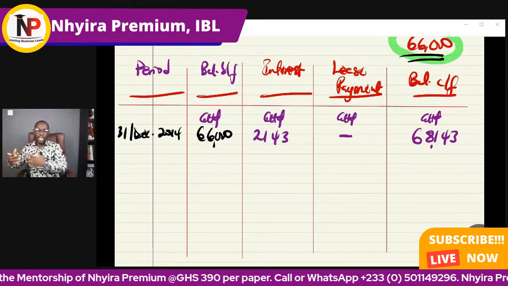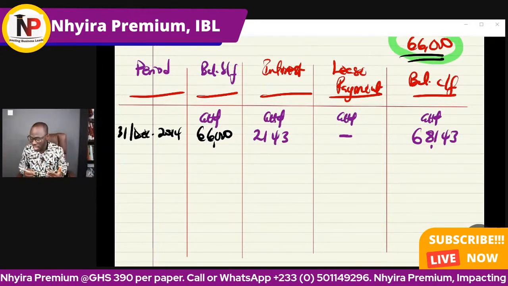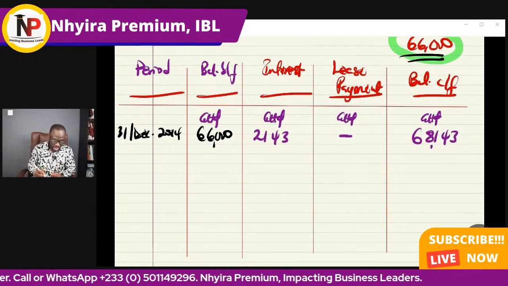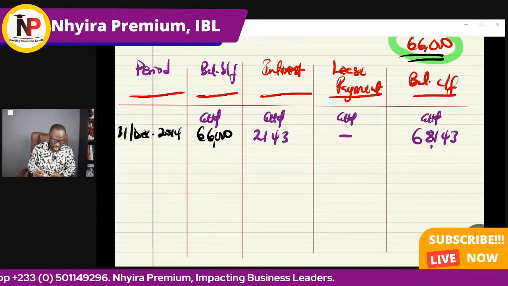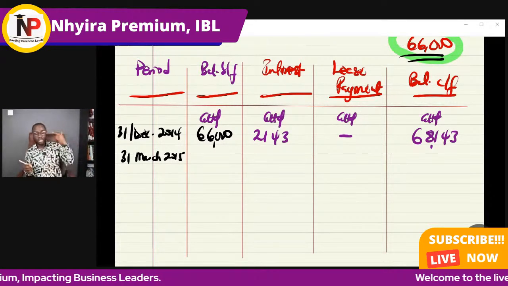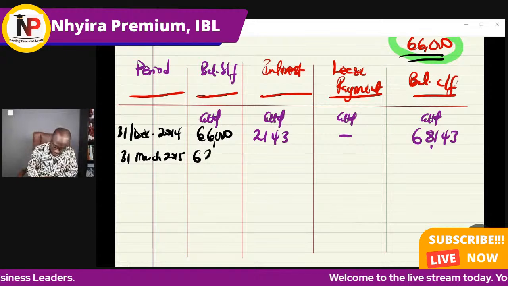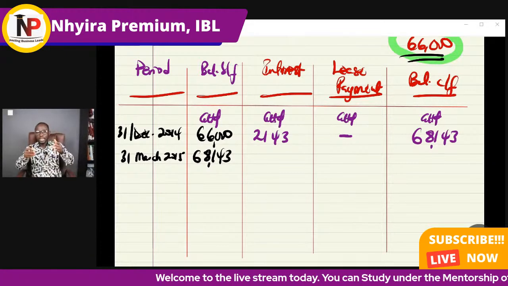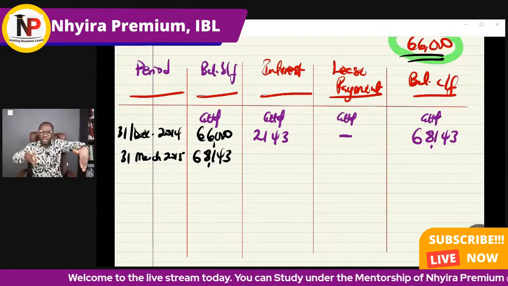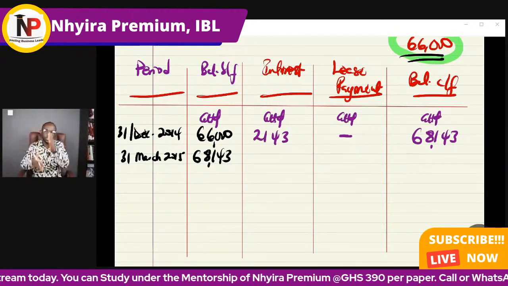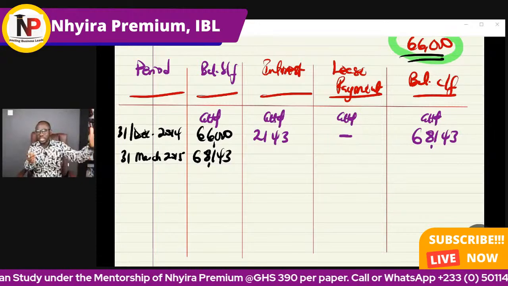Then from there, we come to the next period where we are making payments as an organization, and that is going to be 31st March 2015. So when it comes to 31st March 2015, we have 68,143. Remember, from 30th September to 31st March 2015, it is 6 months, and the 6 months interest was split into 2. Half of that was charged for December.